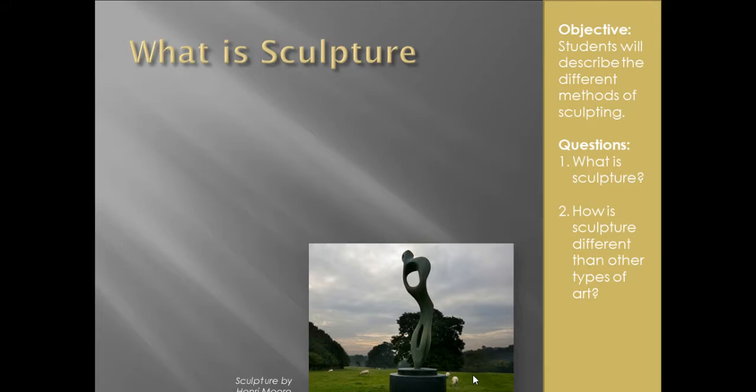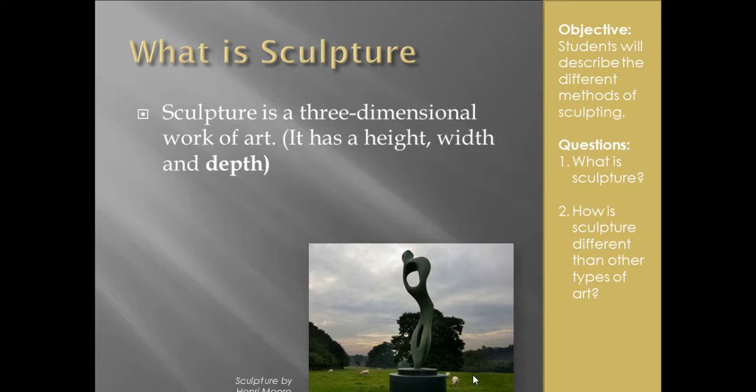So the first question that I'd like to consider is, what is sculpture and how is sculpture different than other types of art? You'll see in this video that we're going to be looking at a number of sculptures created by an artist, Henry Moore, and so I'll refer to those occasionally as we go through.